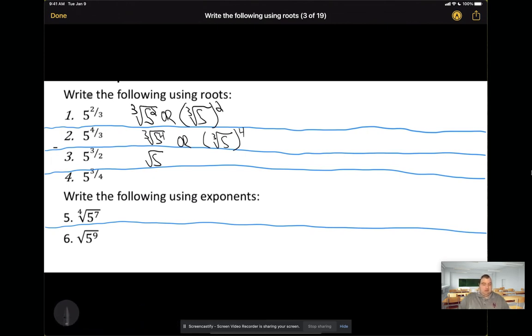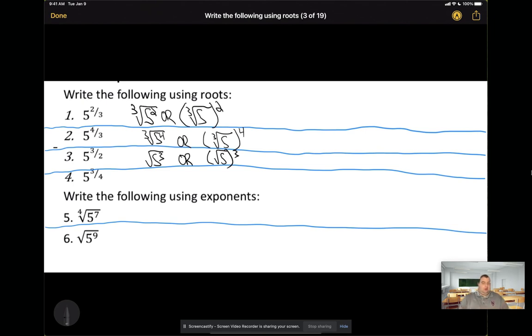So this is going to be a square root, and then the exponent is going to be 3. So that's going to be the square root of 5 cubed, or the square root of 5 cubed.